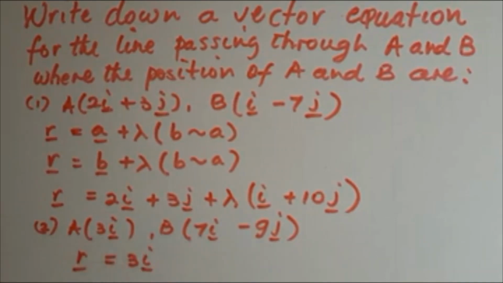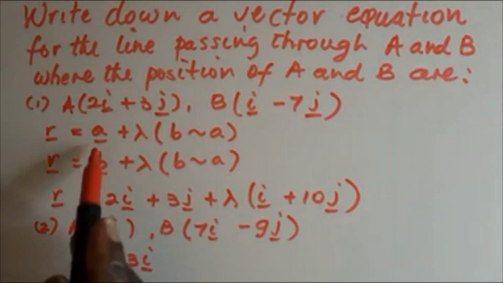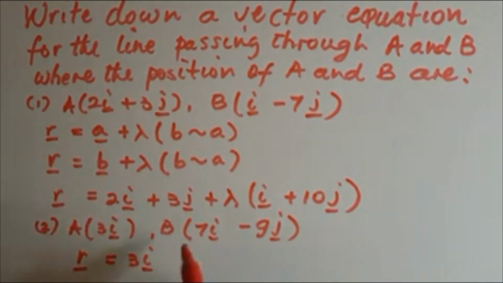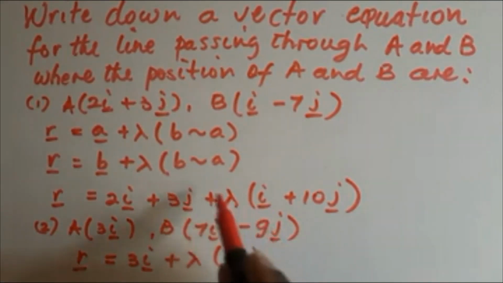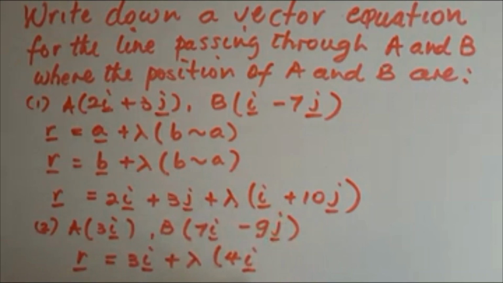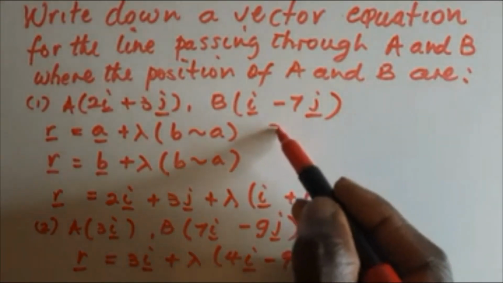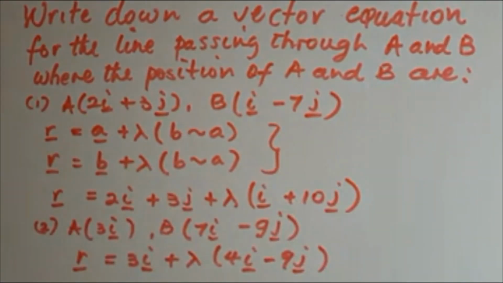You can see already I'm using this form. Add λ(4i - 9j), and I'll let you work out whether it's B minus A or A minus B. And just to recap, the 4 forms produced by these two structures, or 2 formulas, are all valid.